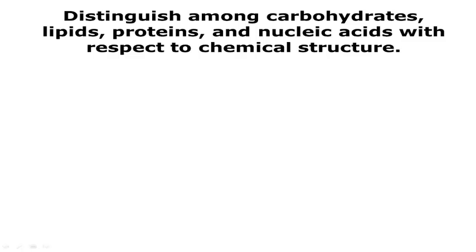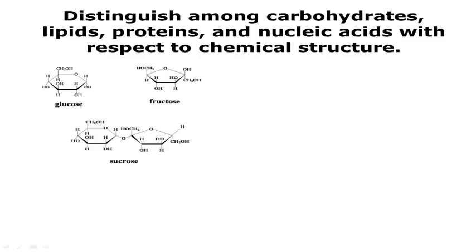I mean, I will know if you know what you need to know, if you can actually look at two-dimensional representations of some of these molecules, like the ones that I'm showing here, and say, those are obviously carbohydrates.